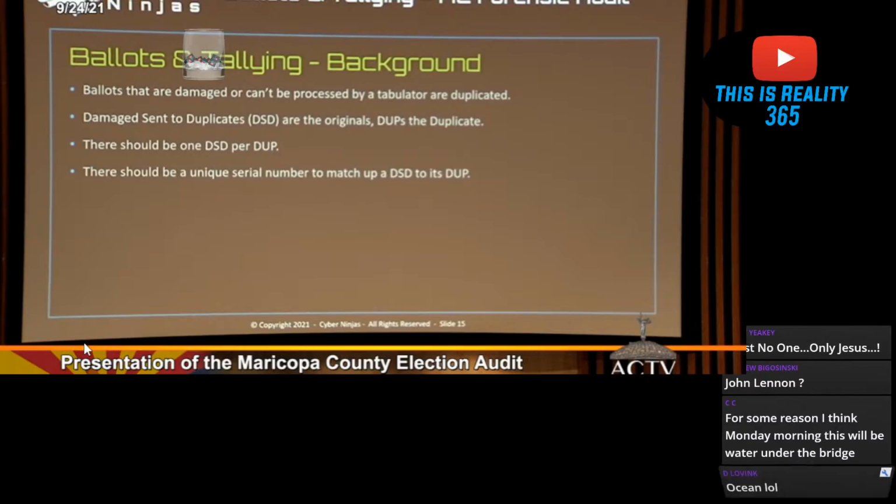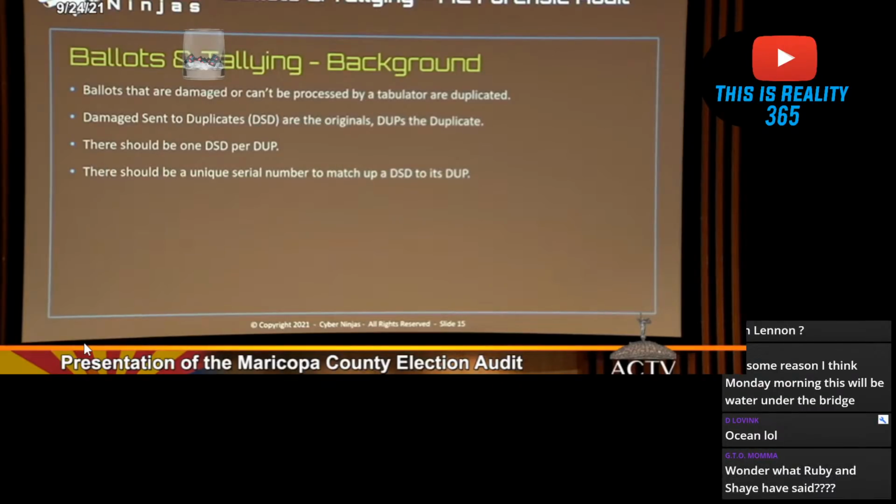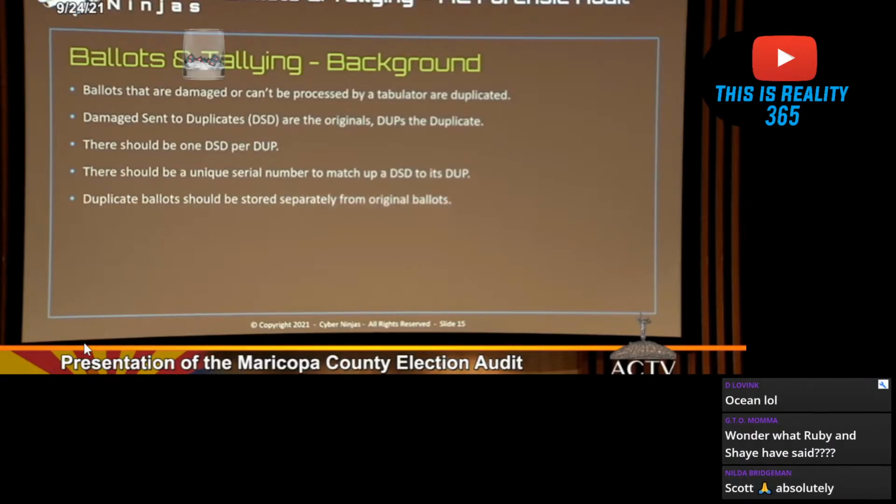And if you want to compare and make sure the duplication process was done correctly and that it actually represented the voter intent, you'd be able to easily match them up, and it'd be easier to handle from an audit standpoint. Duplicate ballots also should be stored separately from the original ballots so there's not confusion, they don't get mixed up.